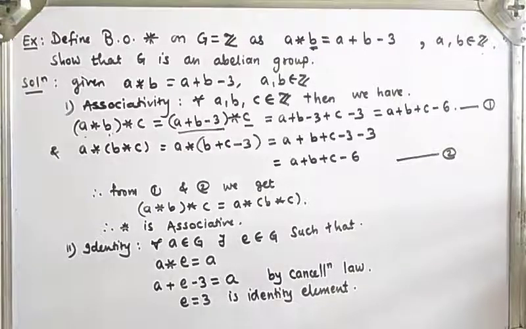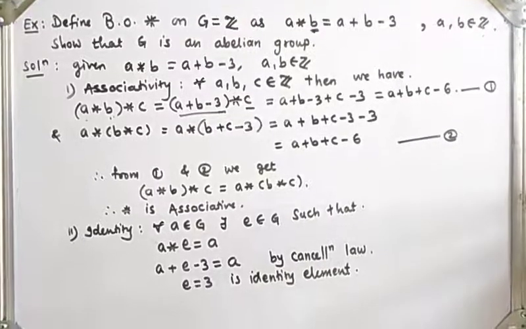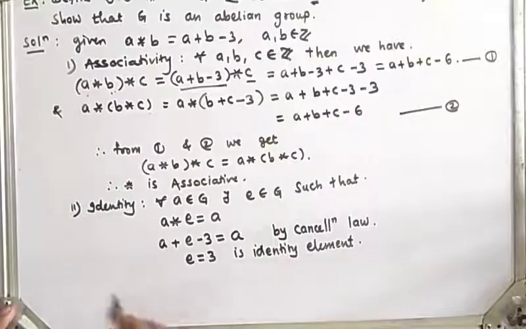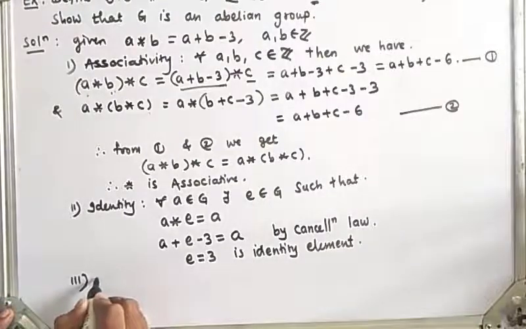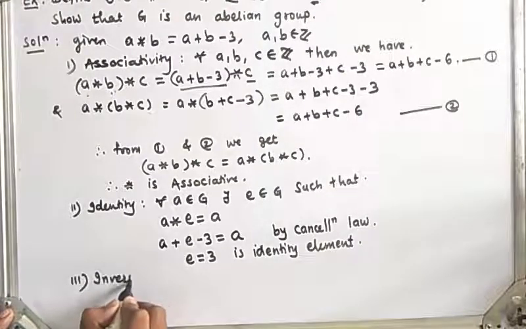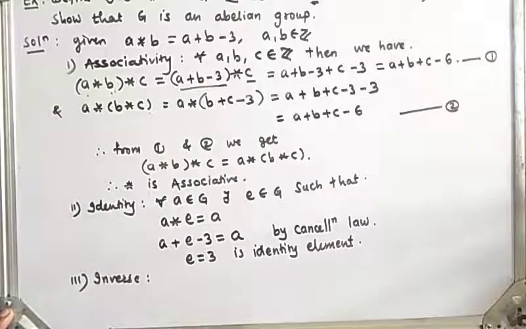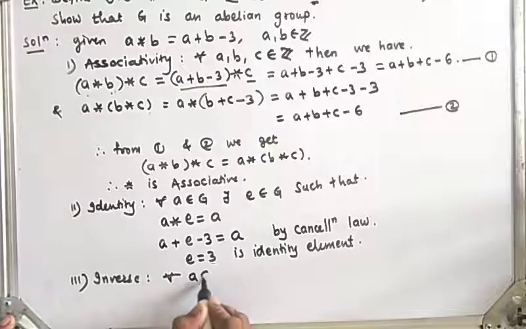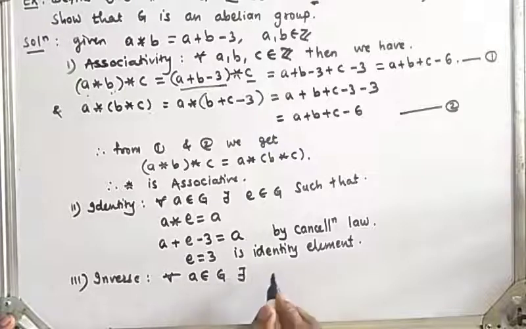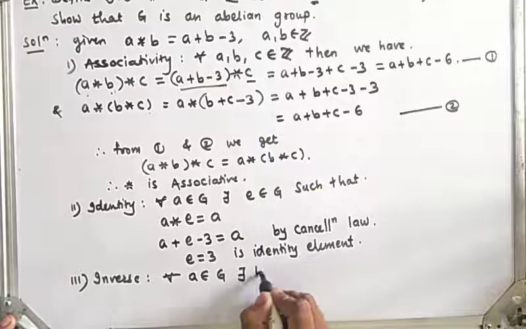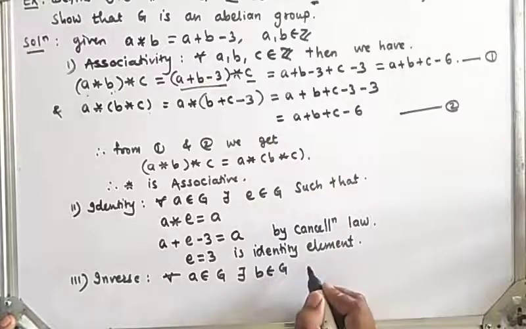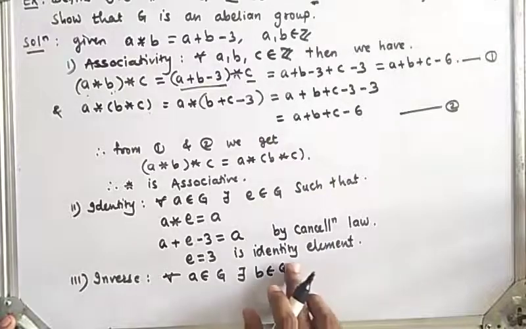Now to find out the inverse. So what is the definition of inverse? For all a belongs to G, there exists b belongs to G, so b is the inverse.